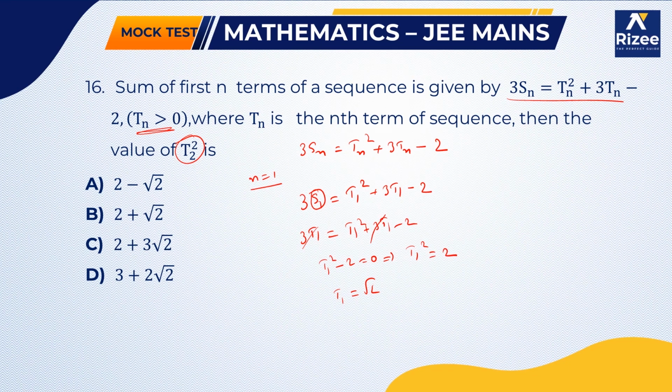Next, how can we get the t2 term? S2 minus S1 gives the second term.